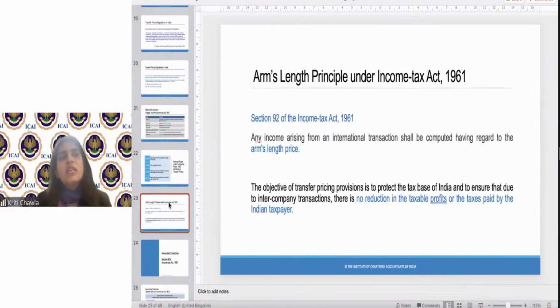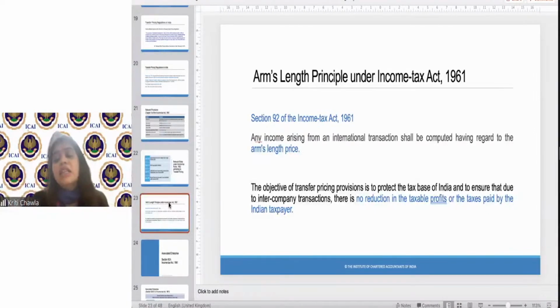The entire world is following something called an arm's length principle. India is also following it, and India also makes sure that the moment you have a related party transaction and it is an international transaction, it should also happen at arm's length price.